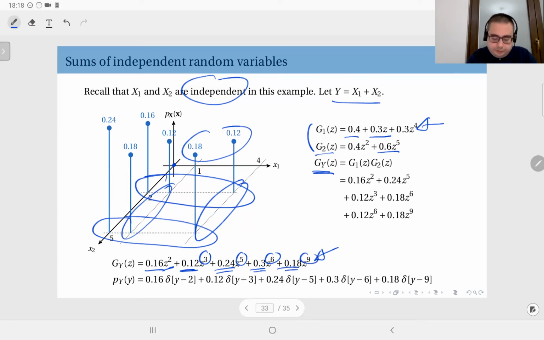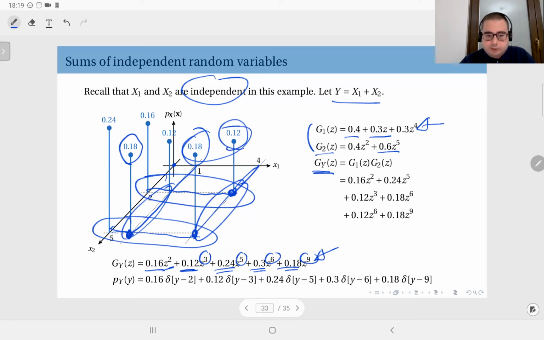Okay, you can see this also from the joint distribution. For instance, at 4 and 5, the sum is 9, and the probability for that is 0.18. Okay, for instance, you have 1, 5 with probability 0.18, and 4, 2 with probability 0.12.